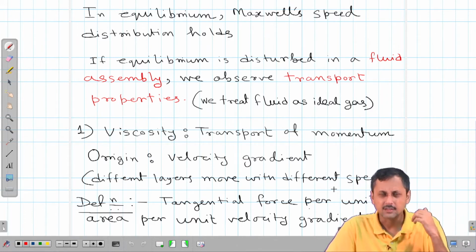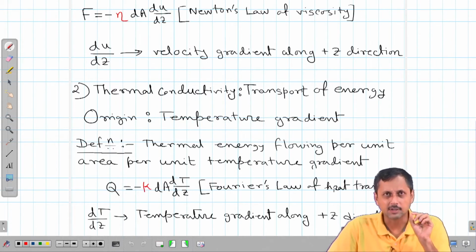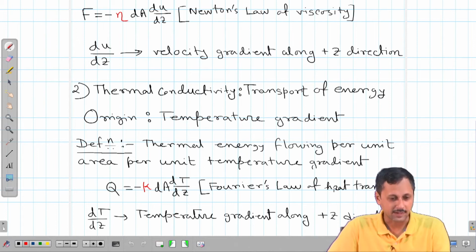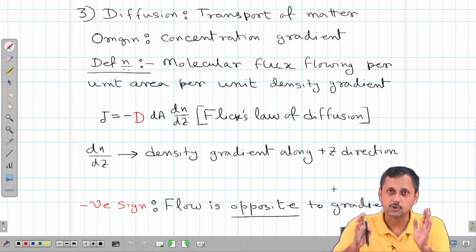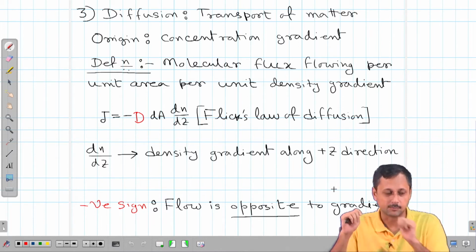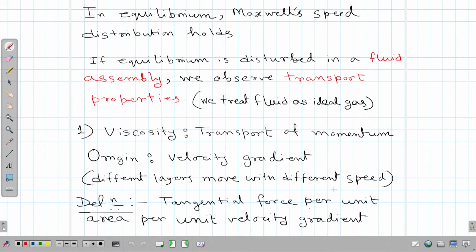Then we will have two other things. One is thermal conductivity, which deals with the transport of thermal energy from one part of the system to the other part, and finally we will be talking about diffusion, which is the transport of mass from one part of the fluid to the other part. So, let us look at these three systematically one by one.